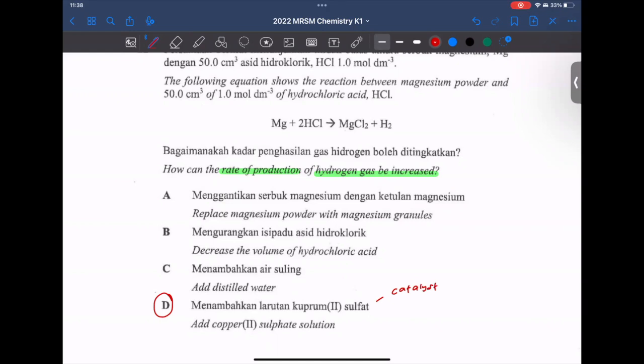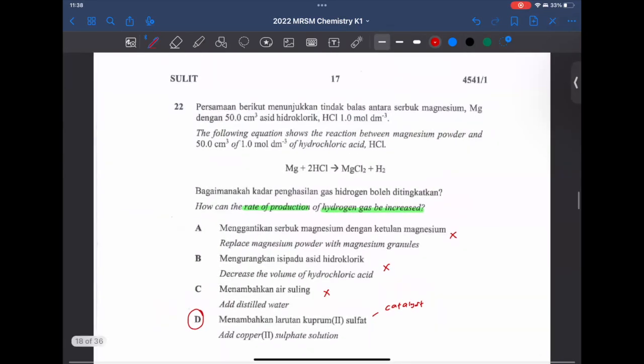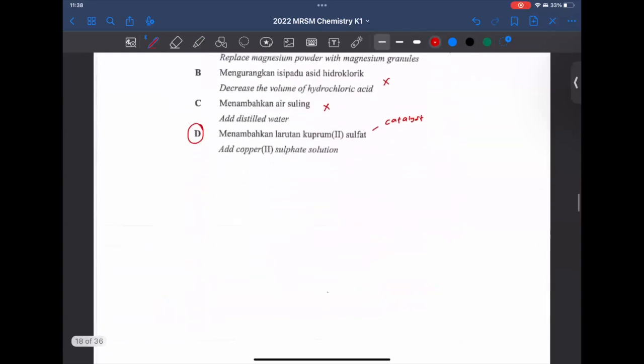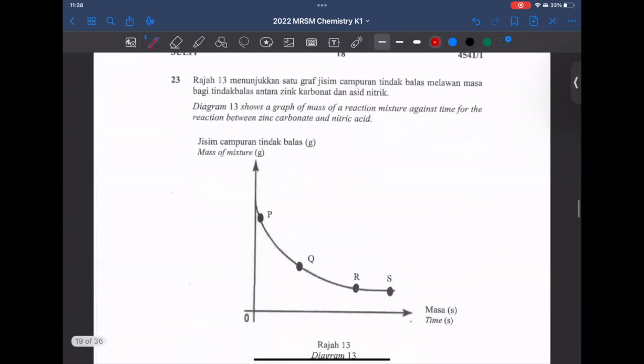Replacing powder with granules gives a smaller surface area to react, so this is wrong. Decreased volume of acid also will not help because there will be a lesser amount of acid, so it won't react that much. Adding distilled water means you dilute the substance, so it will be harder to react also. So the best is still to add the catalyst to increase the rate of reaction.